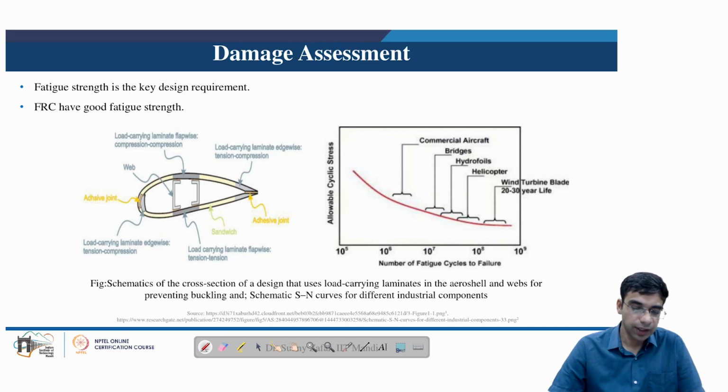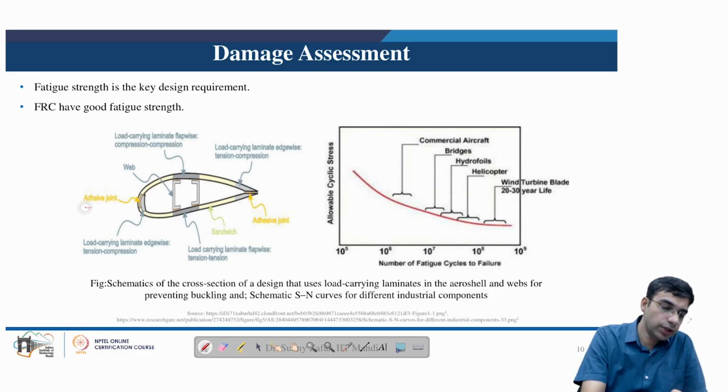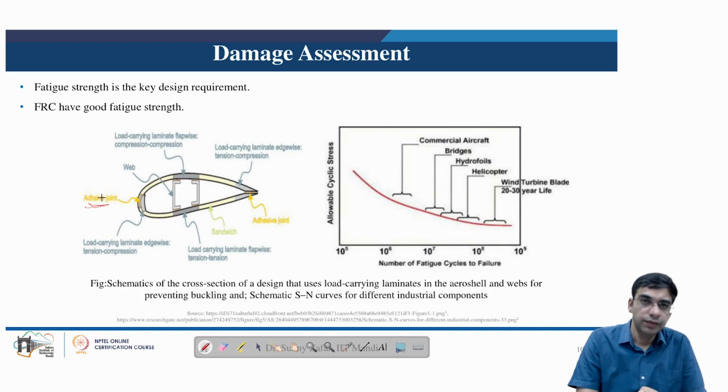So in this regard, we can also see the aeroshell and the webs which are provided in the wind turbine blade to prevent buckling. Here we can see the adhesive joint which is joining the two halves of the wind turbine blade, both at the leading edge, that is here, and at the trailing edge, that is at the back.